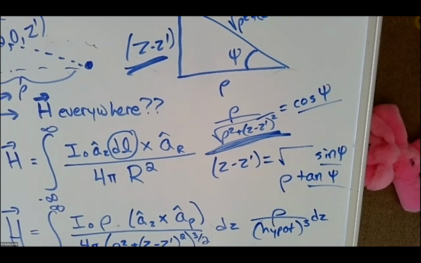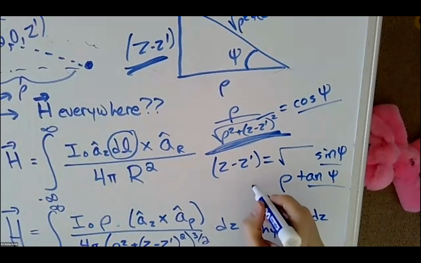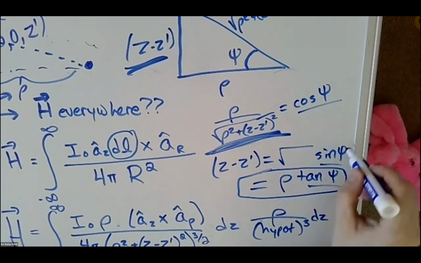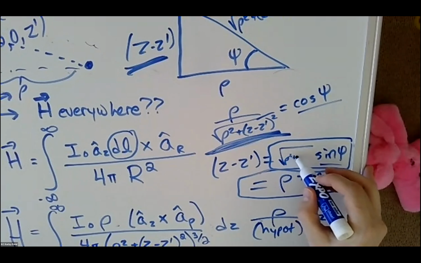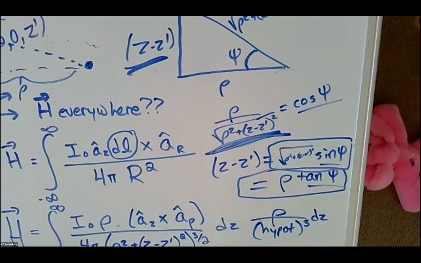There are 2 options for the same answer, so neither is operating on the other. This thing is equal to this thing, and this square root has rho squared plus z minus z prime squared inside it. Oh, okay, so you can either use the square root times sine psi or just rho tangent psi.